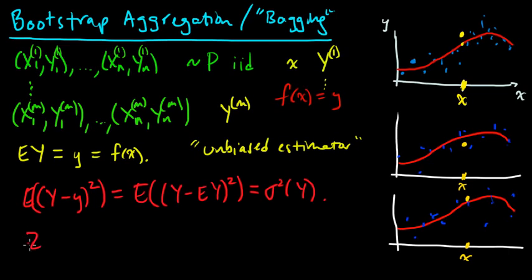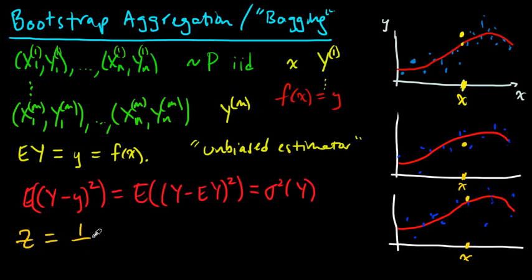So let's define a new random variable z that's a function of each of these separate y's. So this is where the aggregation comes in. So we'll define z to be the average.